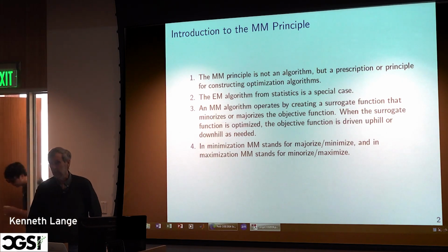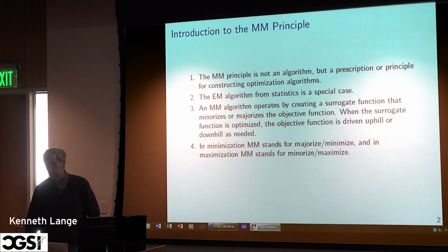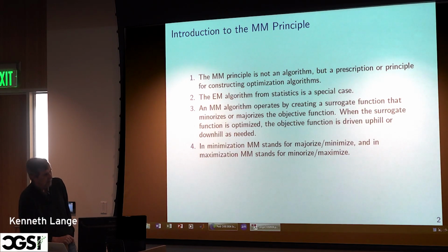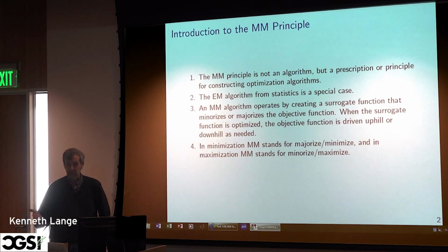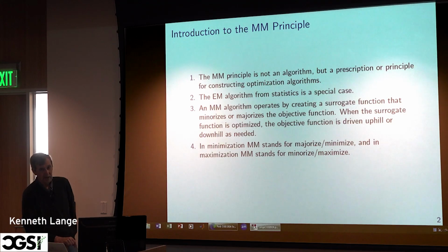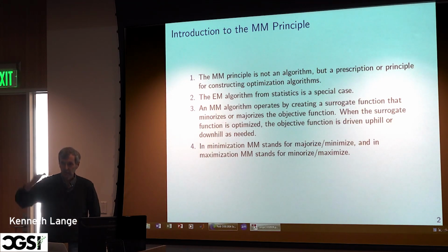You may have seen the EM algorithm, which is not an algorithm, it's also a principle or prescription for constructing algorithms. In bioinformatics, the most common use is admixture, normal Gaussian admixture analysis. So the MM algorithm or principle is a generalization of the EM, and it works by creating what we call a surrogate function, a substitute function, and that substitute function should fall above or below the objective.